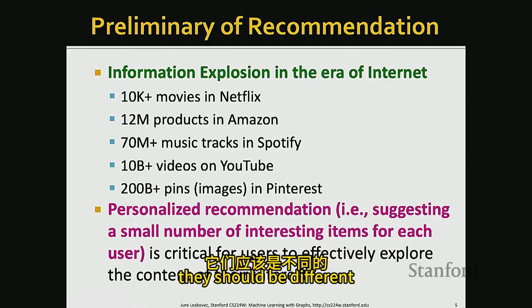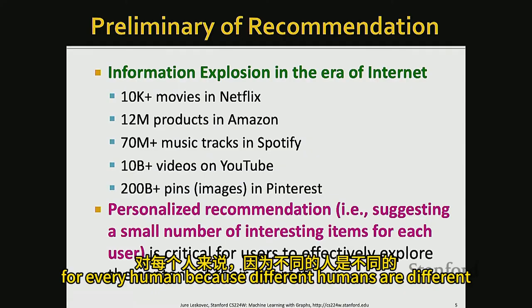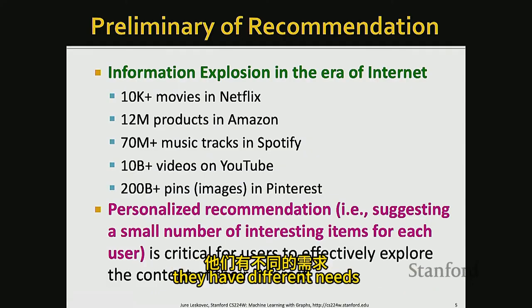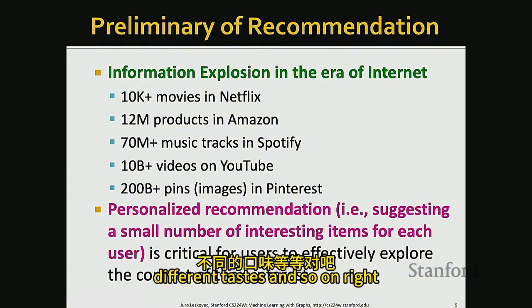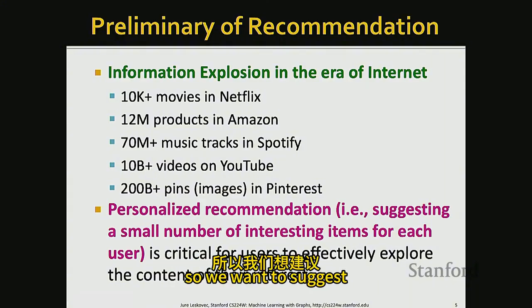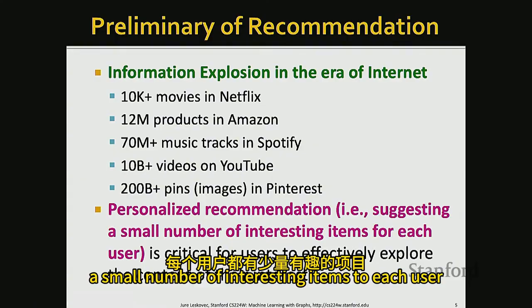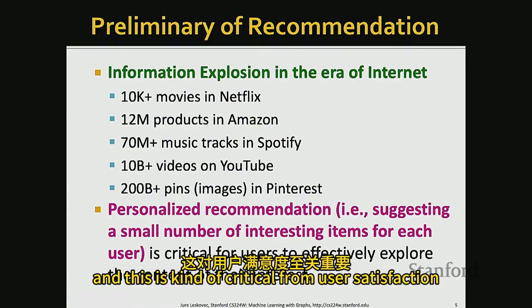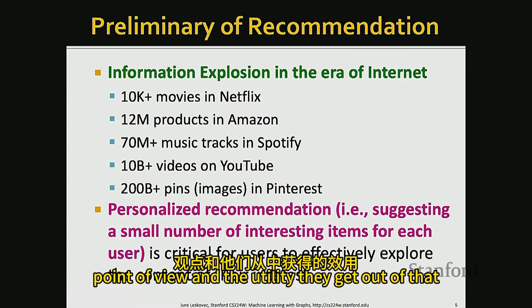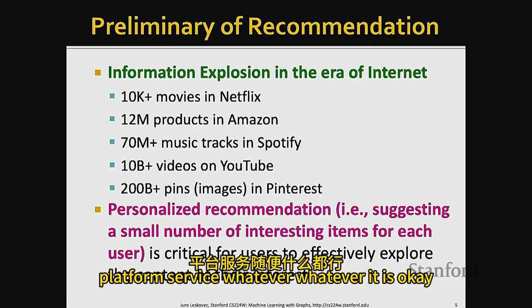They should be different for every human, because different humans have different needs, different tastes, and so on. So we want to suggest a small number of interesting items to each user, and this is critical from the user satisfaction point of view and the utility they get out of that platform, service, whatever it is.